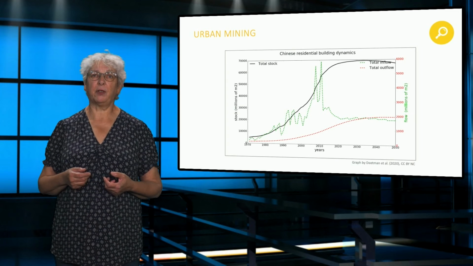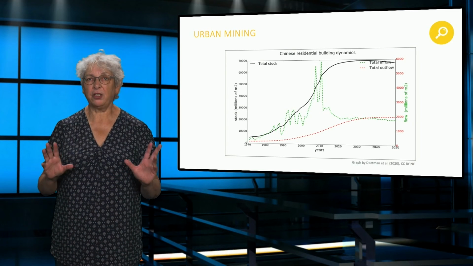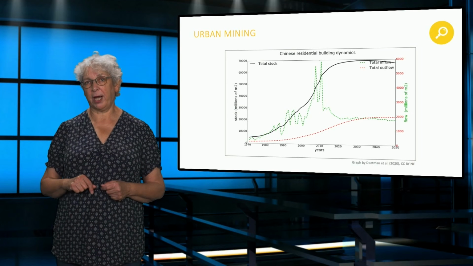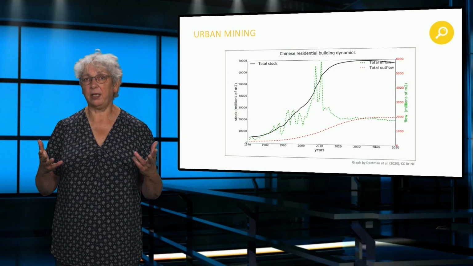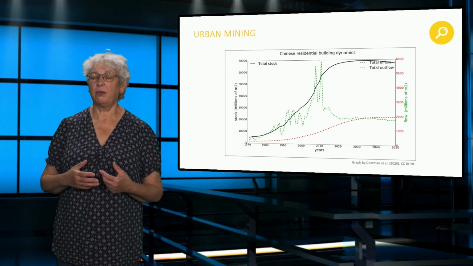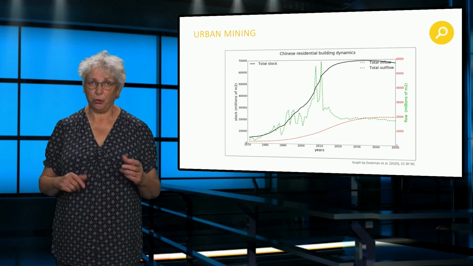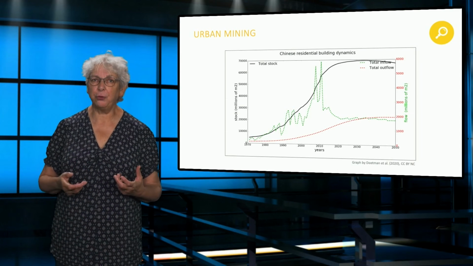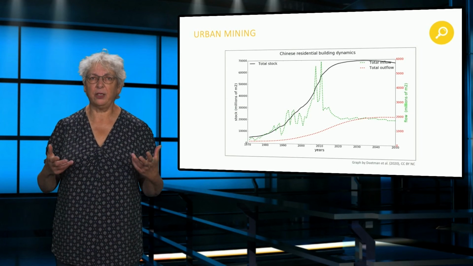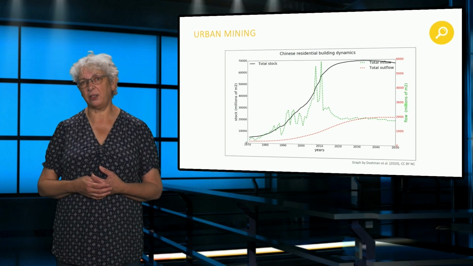Here we see the development of China's stock of residential buildings, not in tons, but in square meters of useful floor area. And we see the inflows into that stock in green and the outflows in red from 1970 until 2050. The inflow during the 2000s show wild fluctuations and huge peaks. Here we see the enormous effort that China has put into the expansion of their stock of buildings.